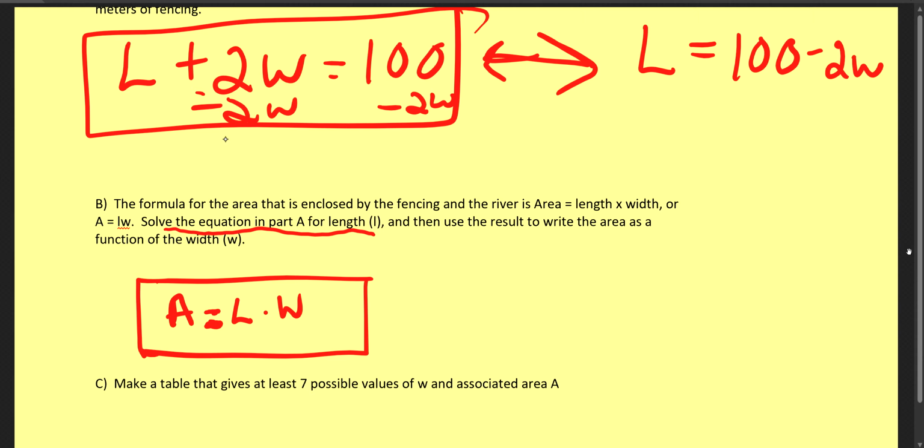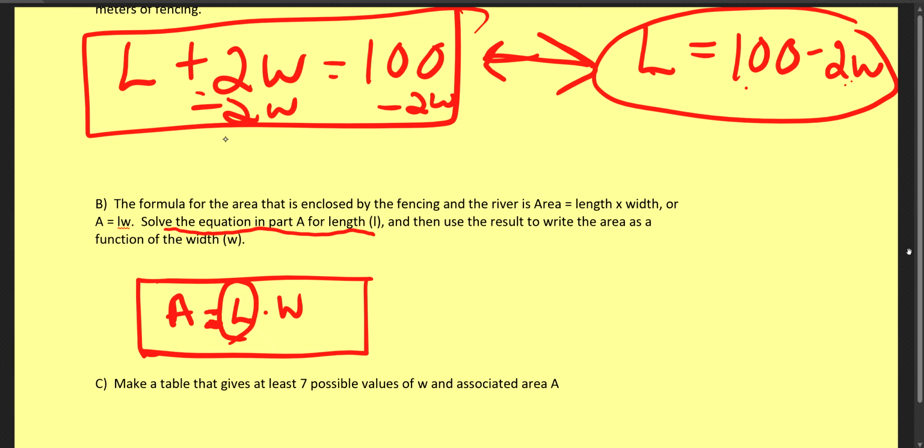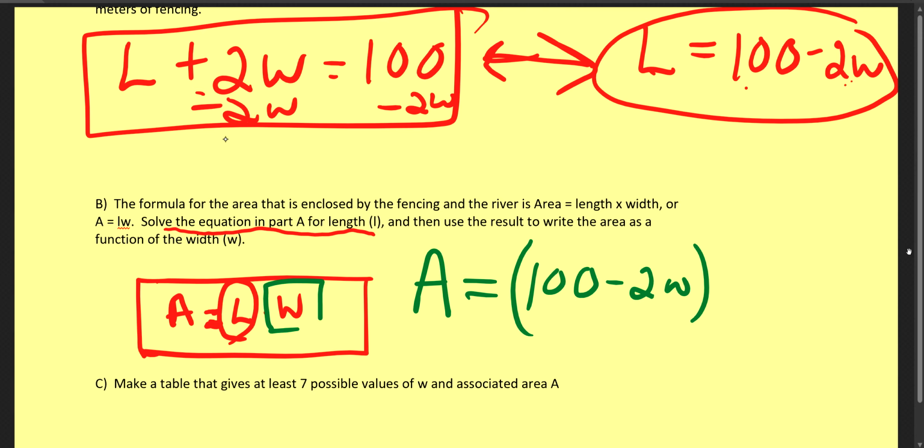Then use the result to write the area as a function of the width W. If L equals 100 minus 2W, then for this L in the formula, I can substitute 100 minus 2W. So the area would equal the length, which is 100 minus 2W, times W.